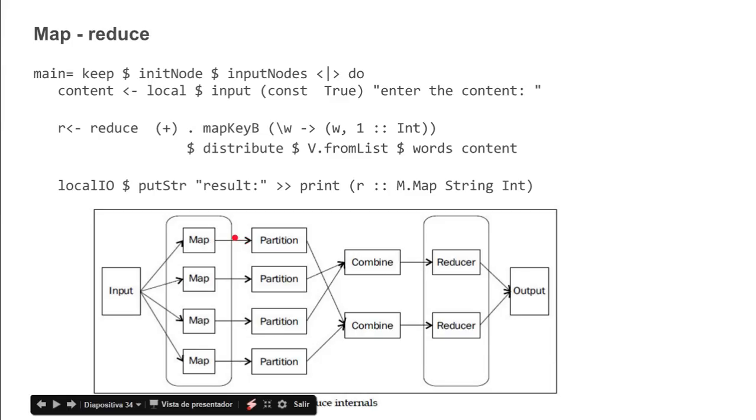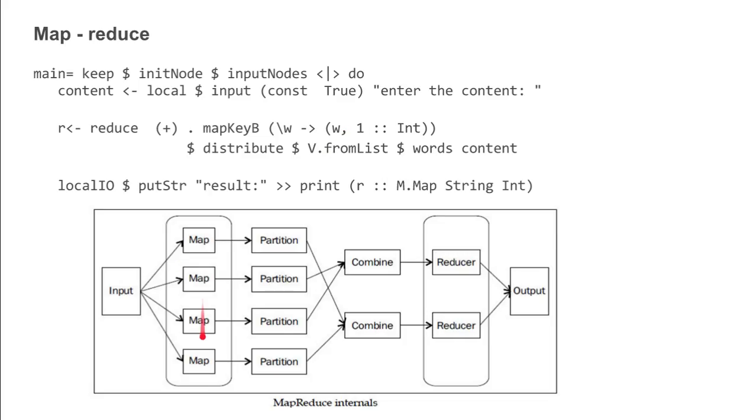Then, because each word may be in any of the nodes, we send each word to a single node. For example, hello goes to the same node, so that all the occurrences of the word hello are combined in the same node.